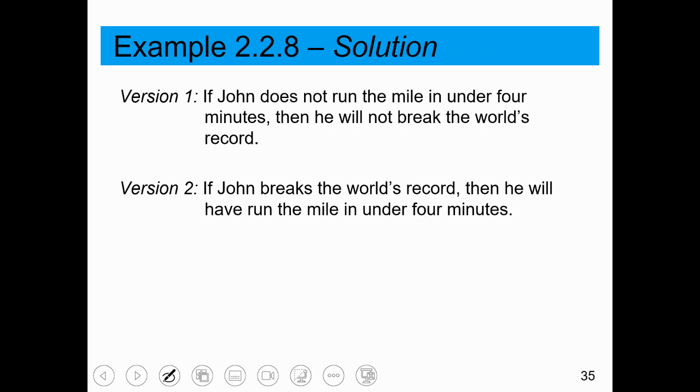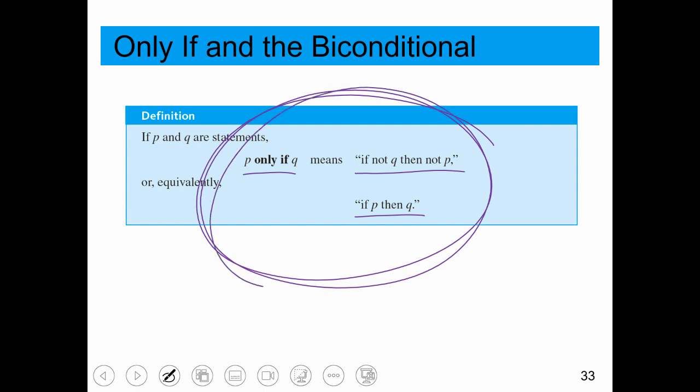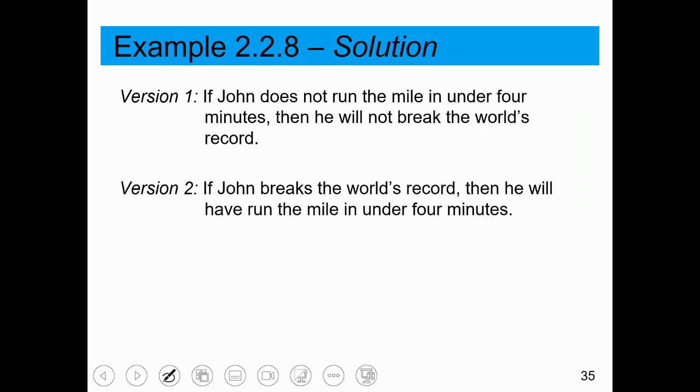Again, I really encourage you to go back, take a minute to process this, think through this example with John, make sure that makes sense to you. Maybe make up your own example, because that can be tricky.